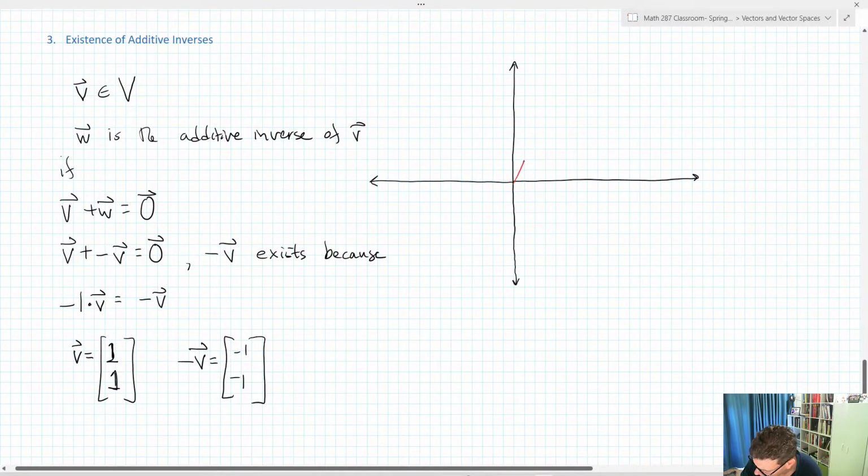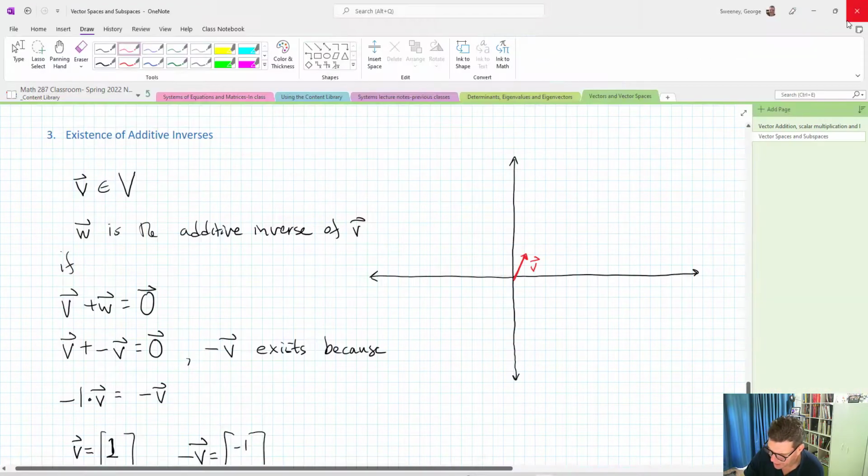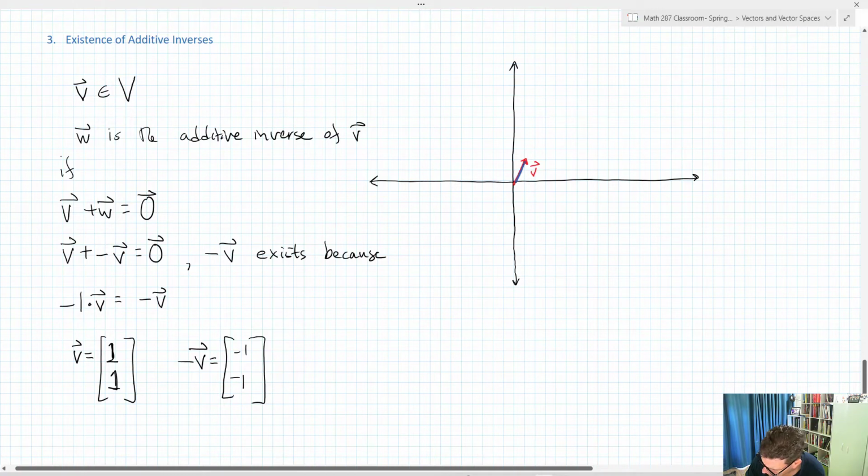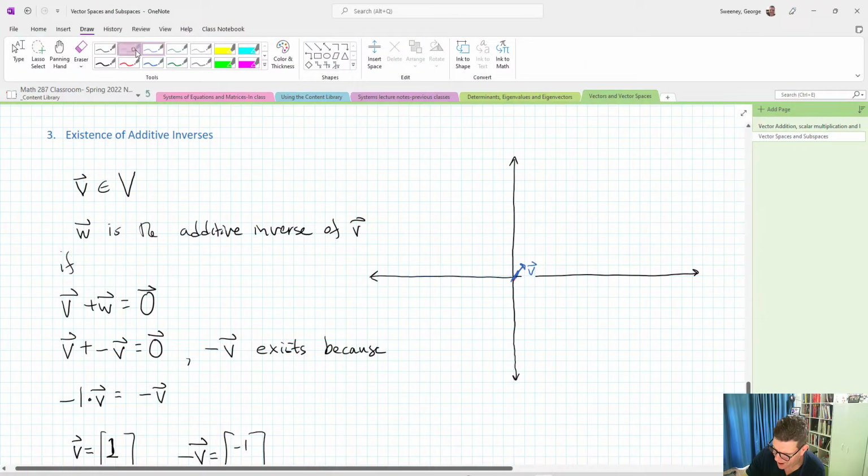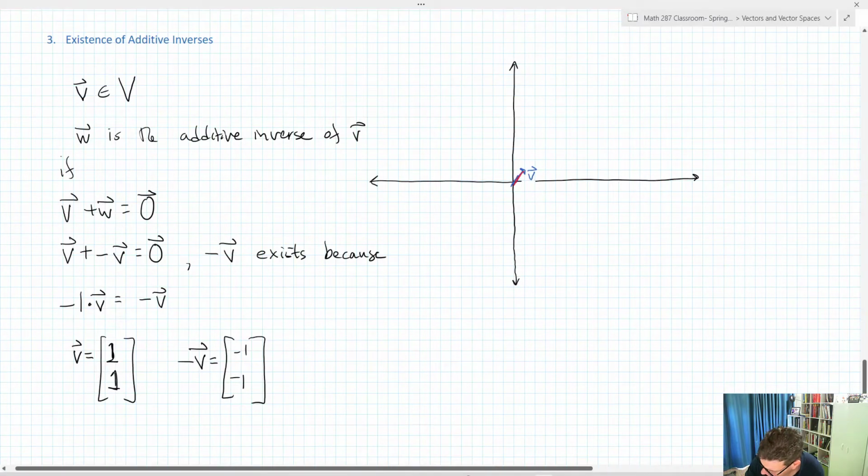So 1, 1, that's v. And then negative 1, we're going to do tip to tail. There's v, and there's negative v, okay?